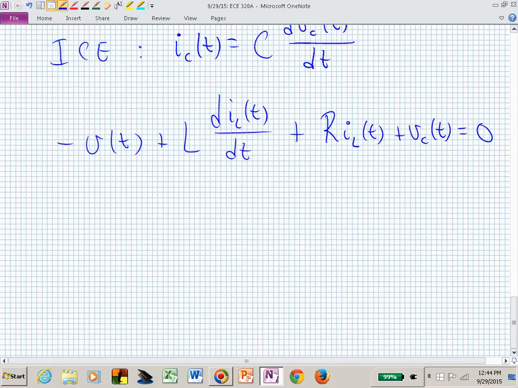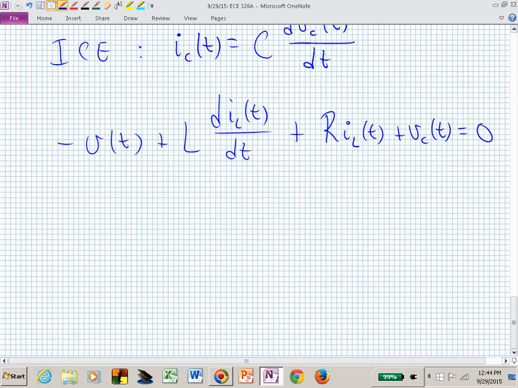Sometimes if I wanted to find a second order differential equation, I want some forcing term. In this case, that's the voltage source, V of t, in terms of, let's say, the capacitor voltage and its derivatives. Maybe I'm trying to just obtain one higher order differential equation.